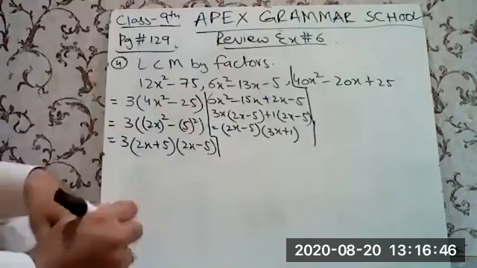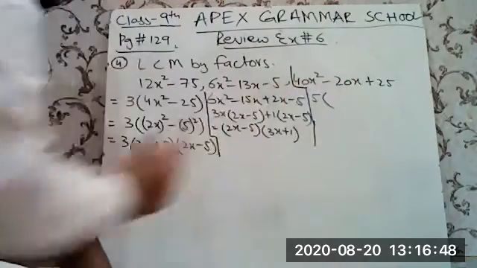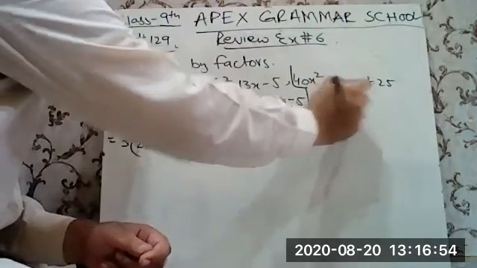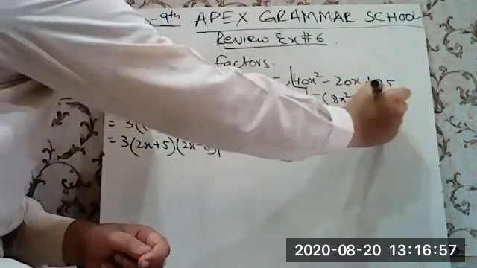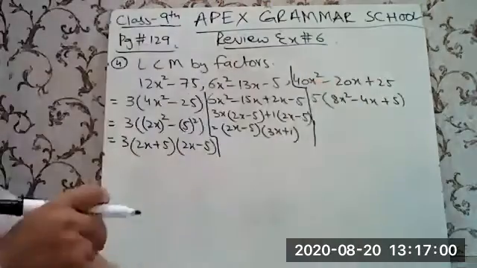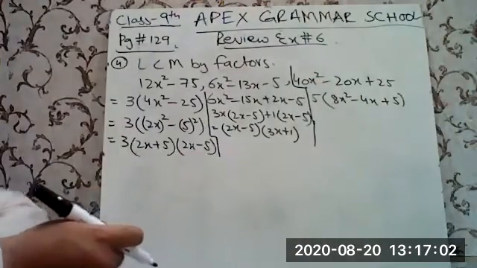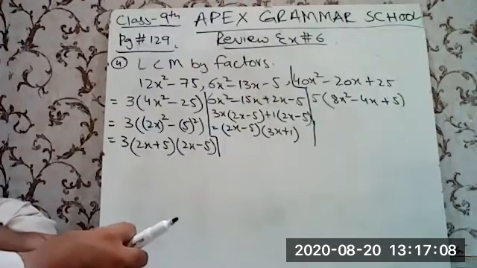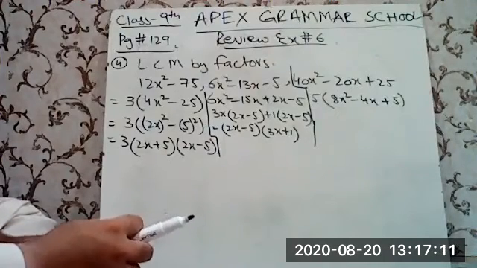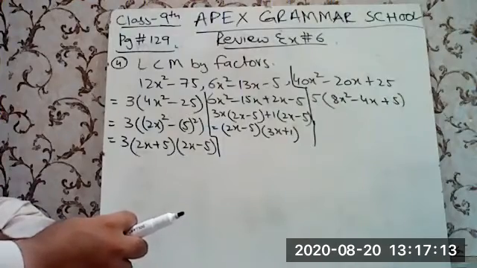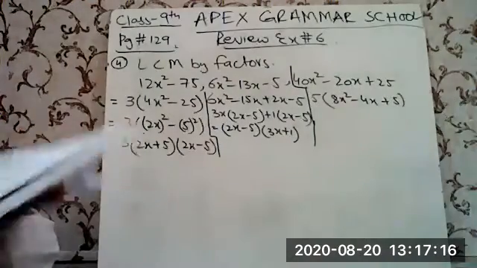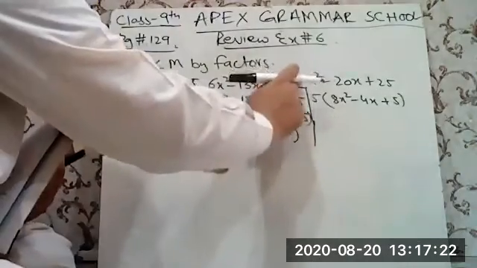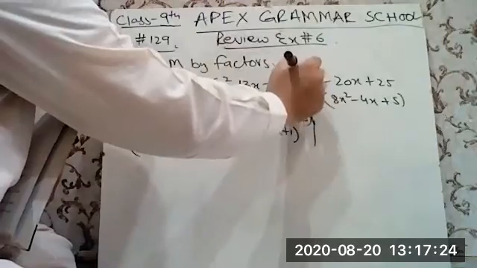After taking 5 common, you are left with 5 8s are 40, 8x square minus 5 4s are 20, 4x plus 5 5s are 25. Now it requires some midterm breaking. Sorry, this is not 40, this is 4x.